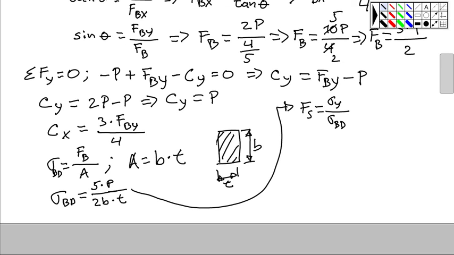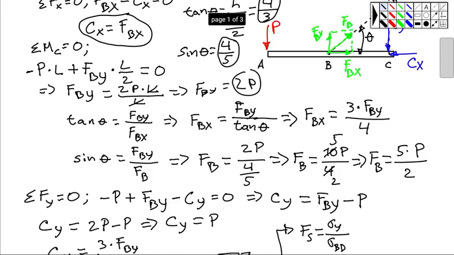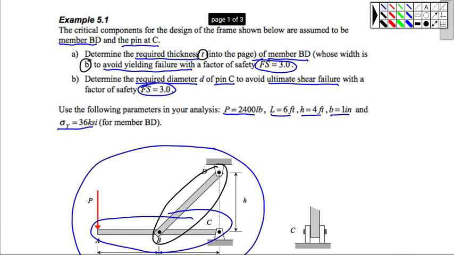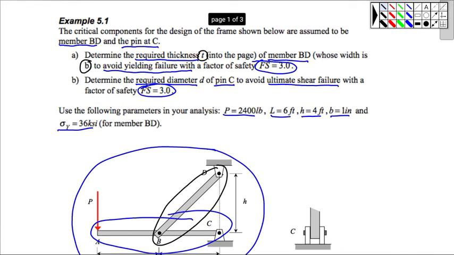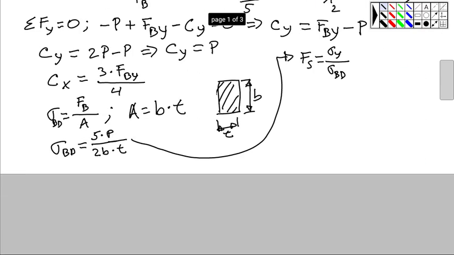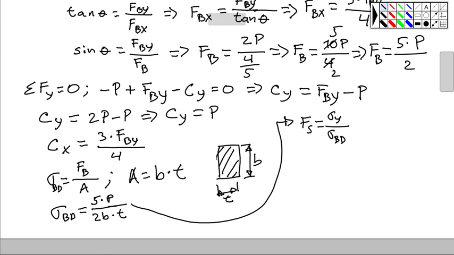Then we know here that the safety factor is equal to 3. Then we have 3 equal to sigma y over 5 times P over 2 times B times T.